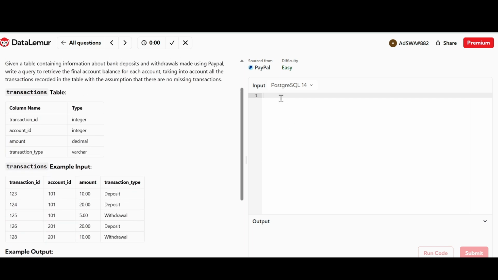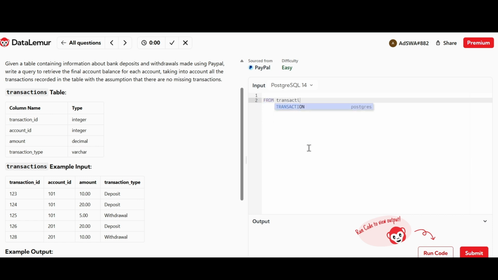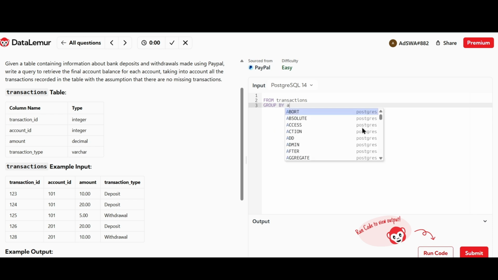First we will write the from clause, because we have only the transactions table. We will write from transactions, which gives us the name of the table. Now from transactions, we will group by the account ID.